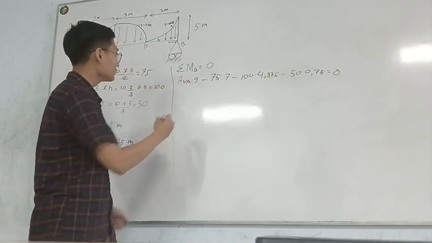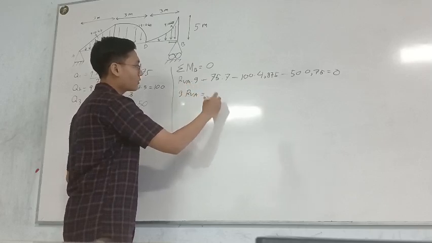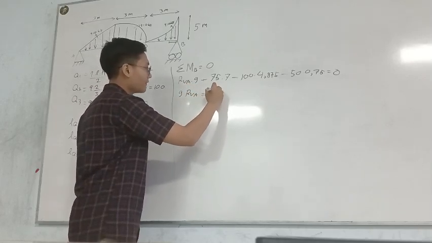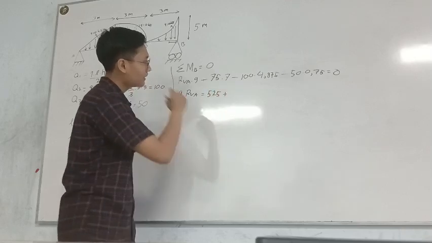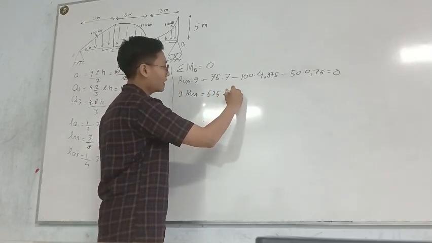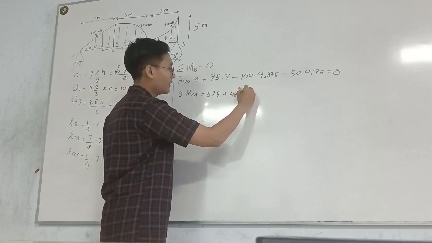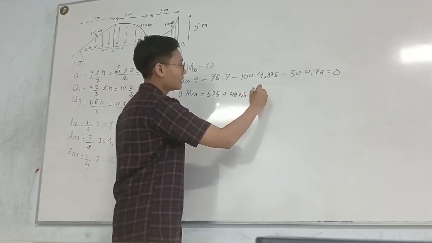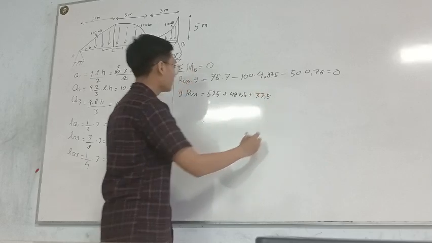Okay, so next is 9 RVA equals 525 plus 487.5 plus 37.5.